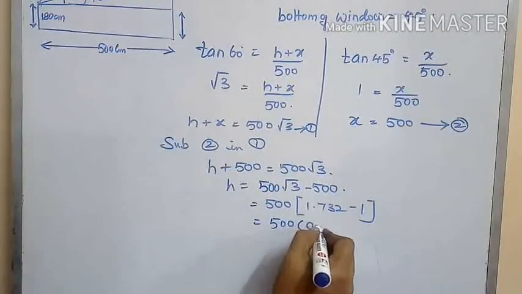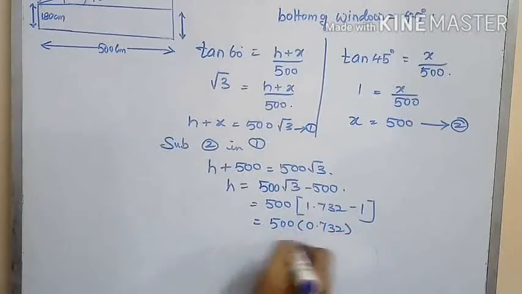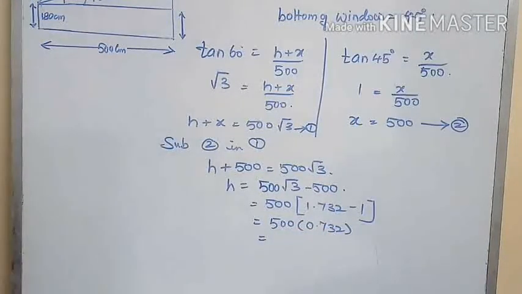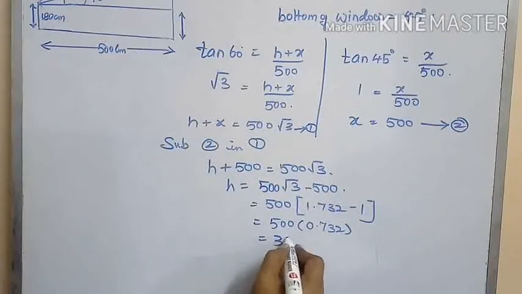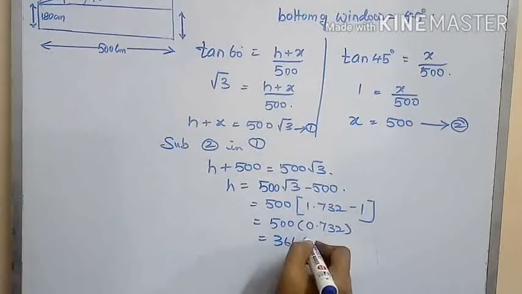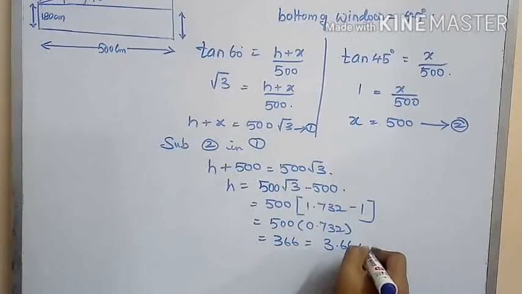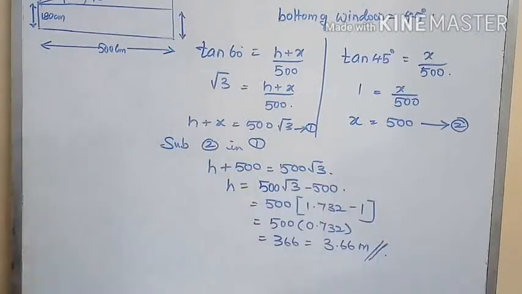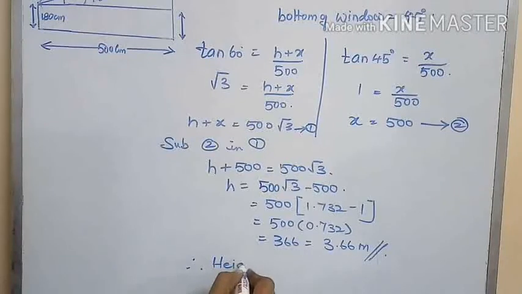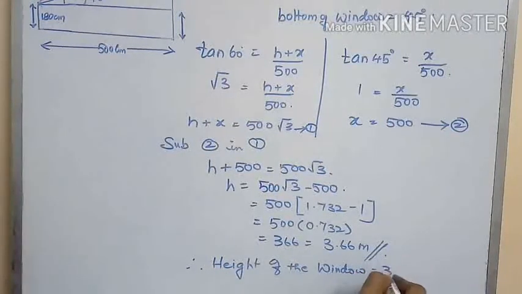So we get 500 into 0.732, which is equal to 366 centimeters, which can be converted into meters as 3.66 meters. Therefore, the height of the window is 3.66 meters.